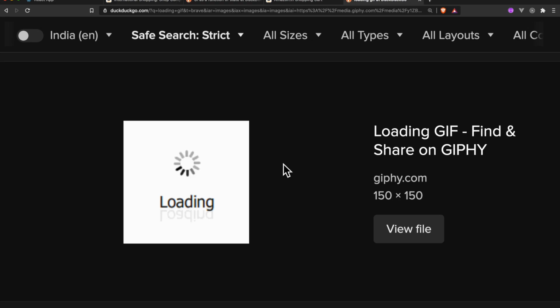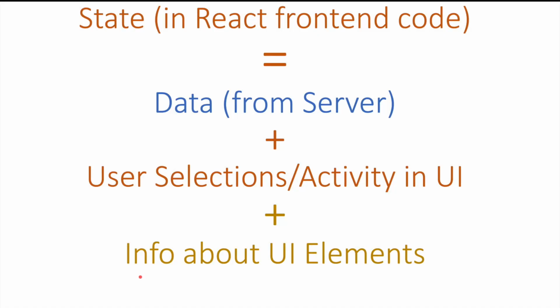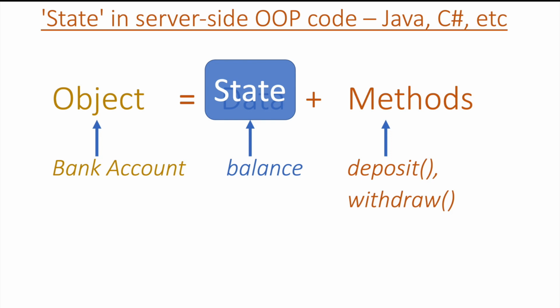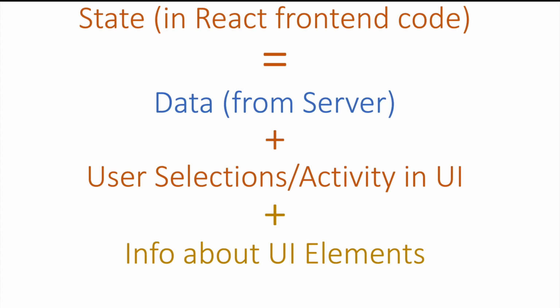So this simple piece of information about whether we are displaying the loading GIF to the user or not is also important as far as state is concerned. This also has to be part of the state, and that is what I have tried to classify as info about UI elements. So unlike state in server-side code, state in React front-end code will comprise other things in addition to data that comes from the server.